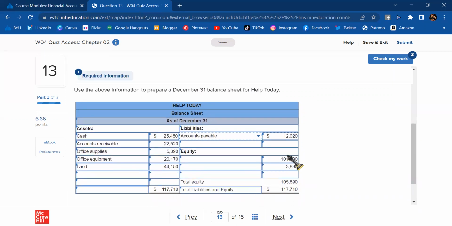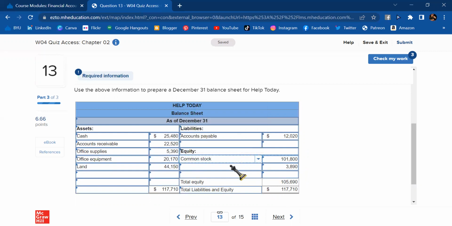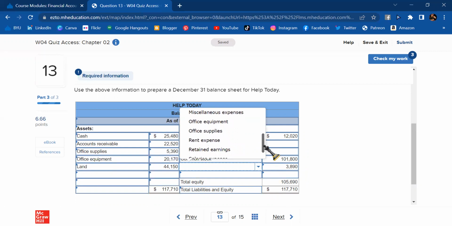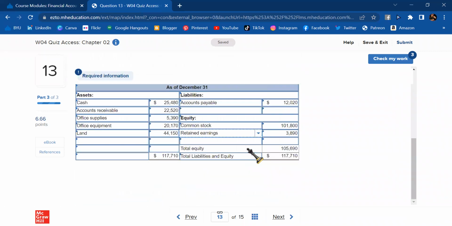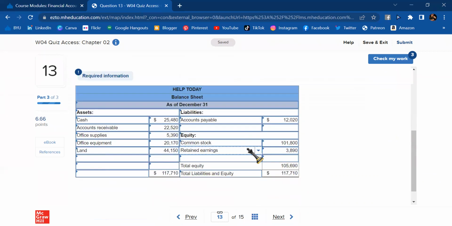Then we come to equity, and look at this, it's already given us most of our numbers. This 101 is going to be our common stock. The 3,890 is our retained earnings, because that matches what we had in the last one.